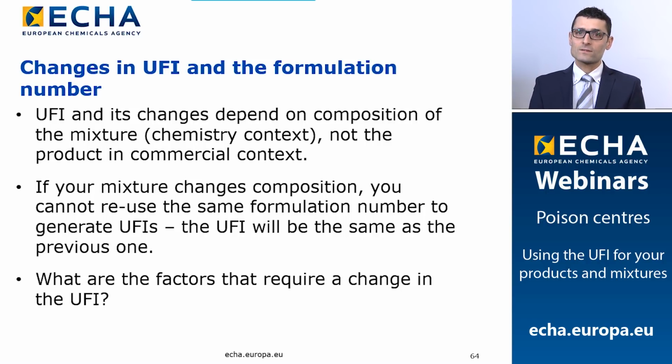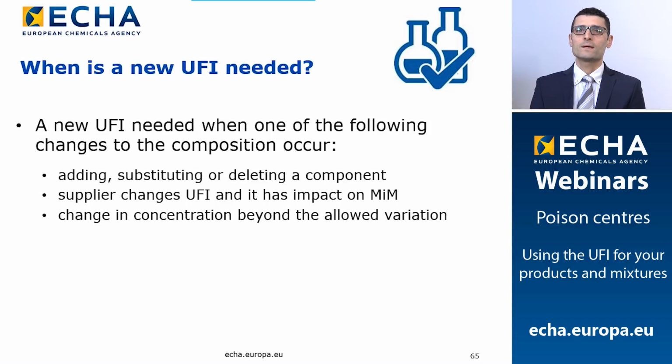So what are the factors that require the change of UFI? In general, you need a new UFI when you add, substitute, or delete a component. Also, when your supplier changes the UFI, and this has an impact on a mixture in a mixture. And finally, when you keep all the same components, but you change their concentration beyond the allowed variation, which I will explain more on the next slide.